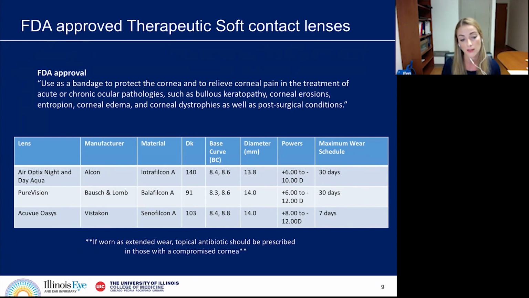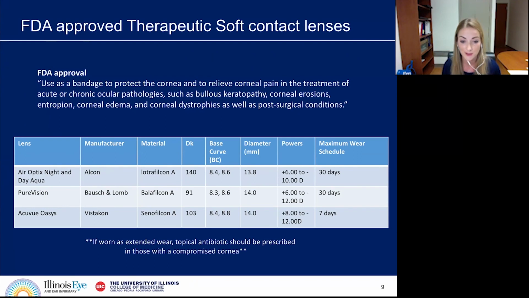So we can use these lenses in the normal patient, but the definition for FDA approval was use as a bandage to protect the cornea and to relieve corneal pain in the treatment of acute or chronic ocular pathologies, such as bullous keratopathy, corneal erosions, entropion, corneal edema, and corneal dystrophies, as well as post-surgical conditions.